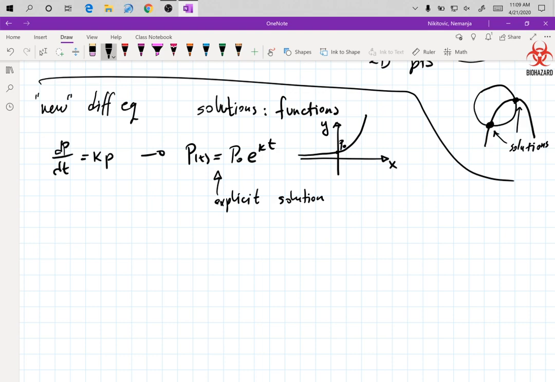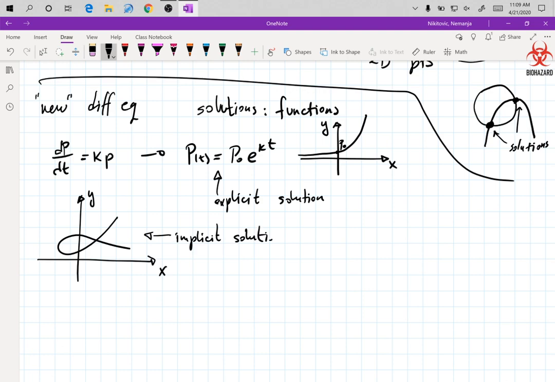A graph like that on the xy plane would be an implicit solution, because you cannot separate.